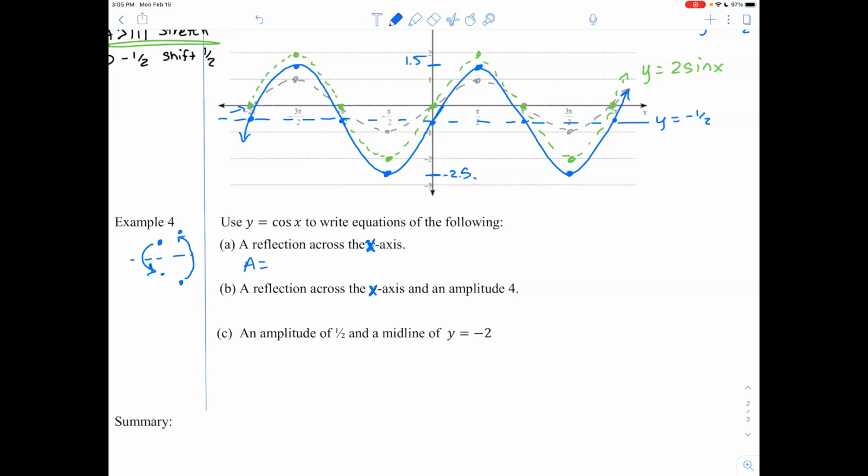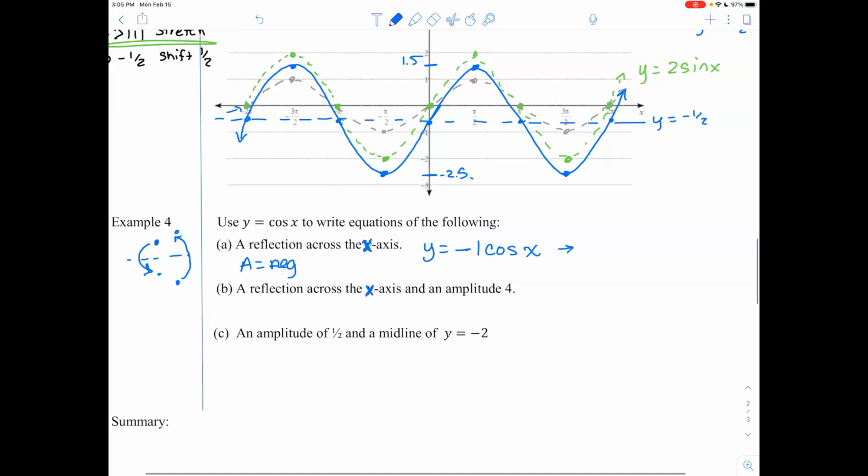That means that A must be negative. You take your y value, multiply it times a negative, and that'll flip it over the x-axis. So that would be y equals negative 1 cosine x in this case, or simplified, y equals the negative cosine of x.